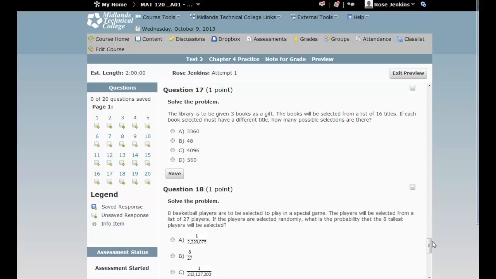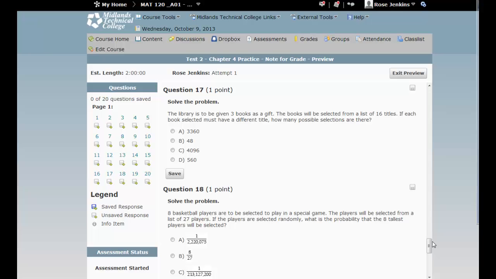Okay. All right, except with permutations, what do we have to have? Or what's the distinguishing feature of permutations? Not the exclamation point, no. Okay. All right, well, you're on the right track. We've got 16 books. 3 of them are being given as a gift. With permutations, the order matters.